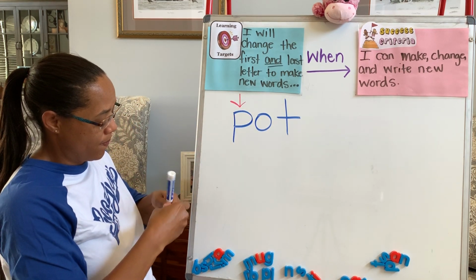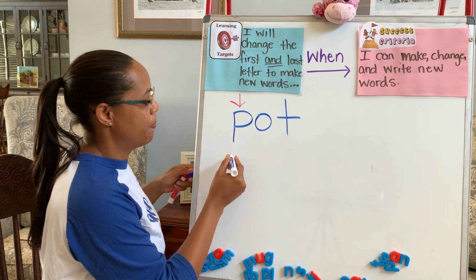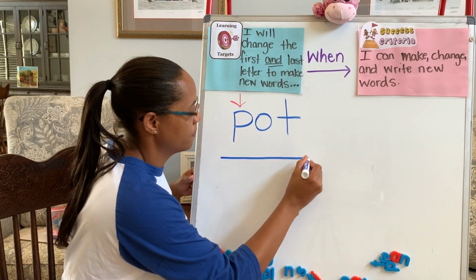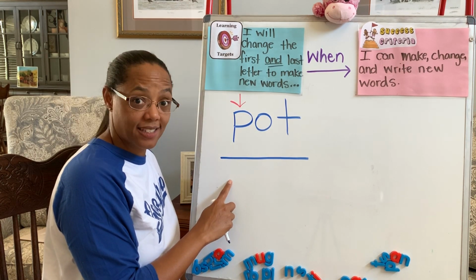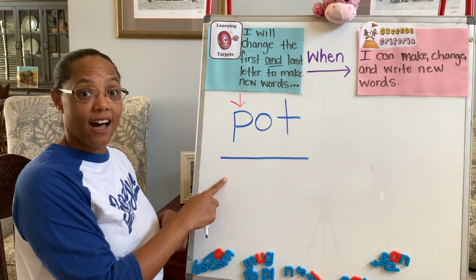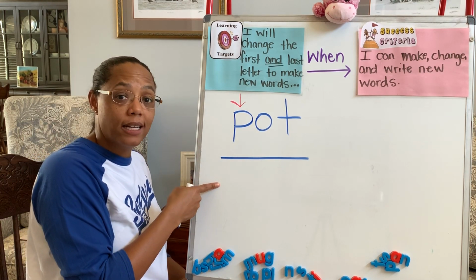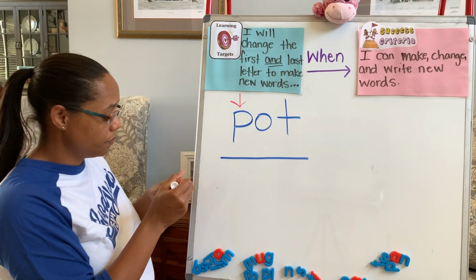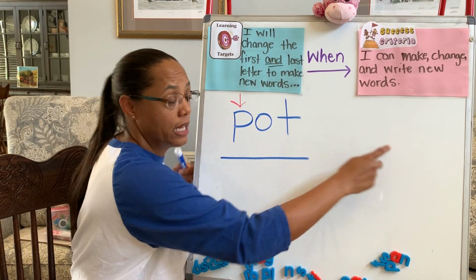Let's change pot to not. First it was pot. Now change it to not. Show them how to do that. And then on this side, we're gonna change the last letter.